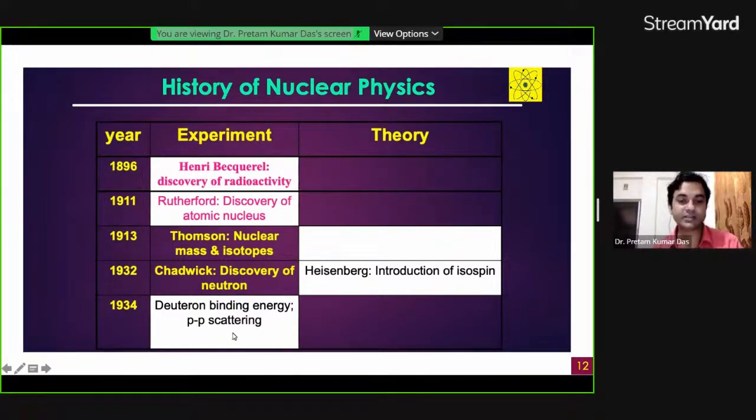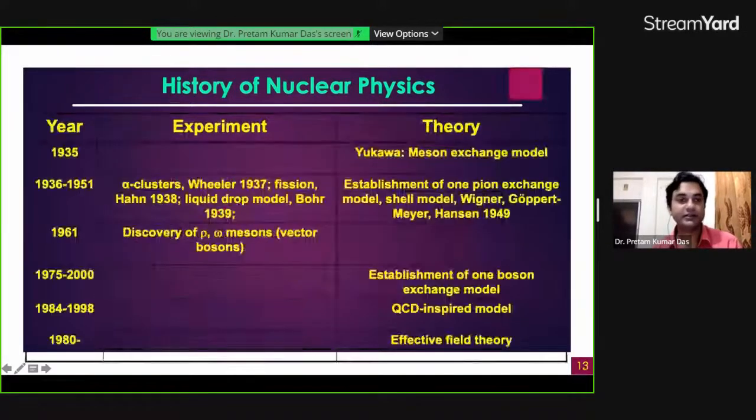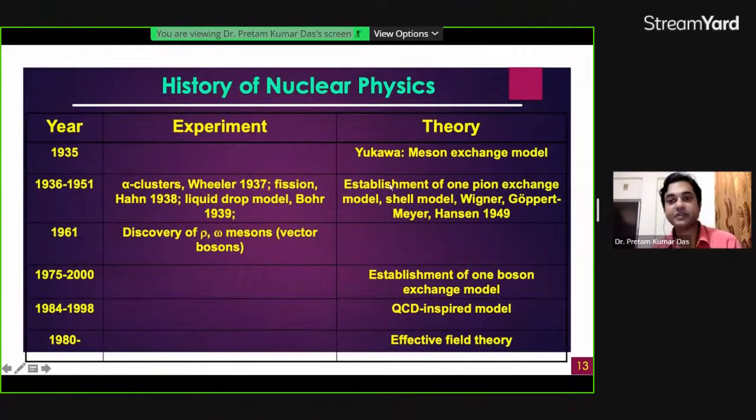In 1934, deuteron binding energy and explanation of proton-proton scattering. In 1935, there is another revolution of theory, the Yukawa model, the meson exchange model, and from 1936 to 1951, there was development in experiment and theory as well.